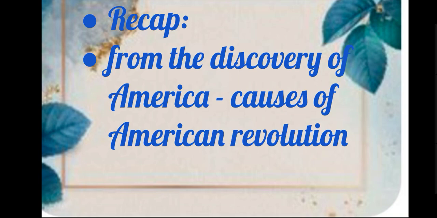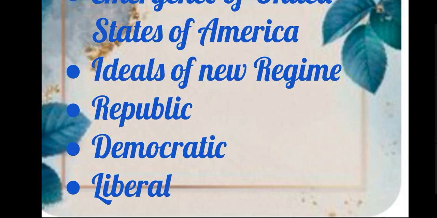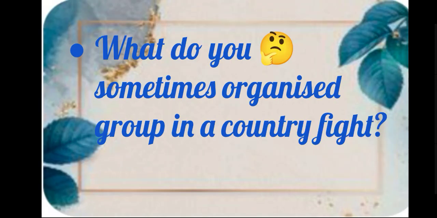In the next block, we read about the emergence of the states of America, and when America came into existence, it formed a new government. The government had republic, democratic, and liberal ideals. So, moving further, we will learn about it more.